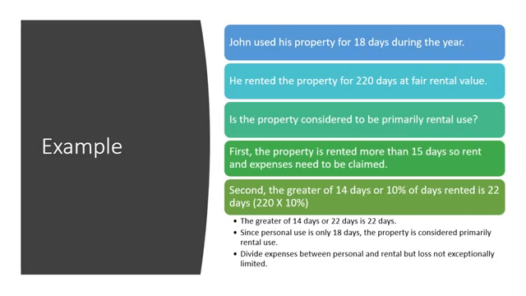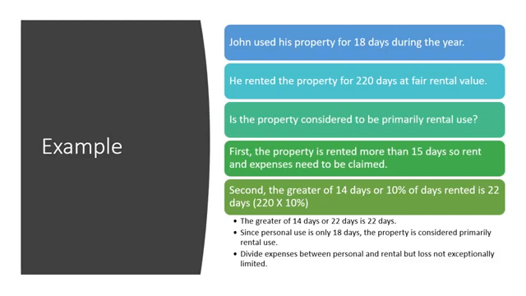Well, first, the property is rented more than 15 days, so rent and expenses need to be claimed. Second, the greater of 14 days or 10% of days rented is 22 days. That is the greater of 14 days or 22 days, and of course that comes out to 22 days.